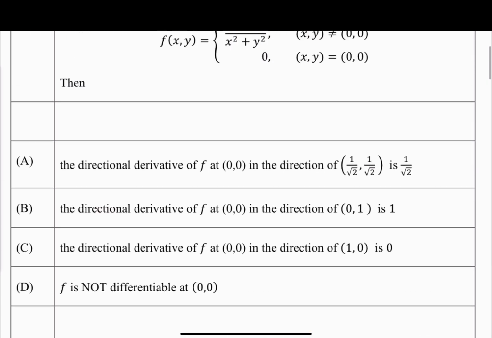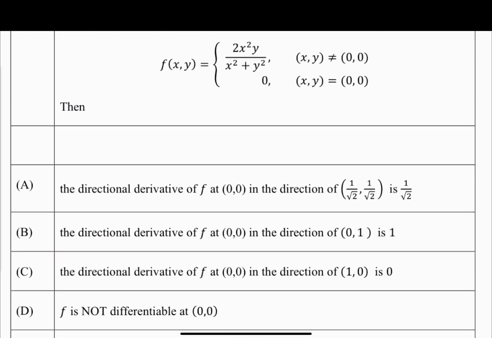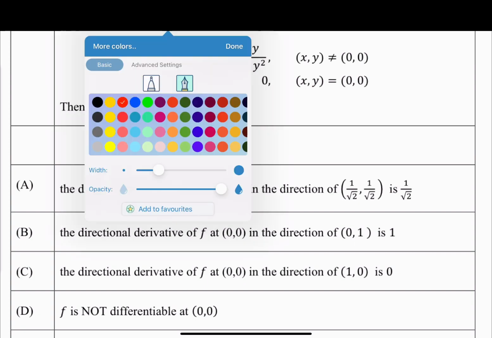First we have to find the directional derivative of f at the point (0,0) in the direction of (1/√2, 1/√2). Let u be (1/√2, 1/√2) and the point a be (0,0).